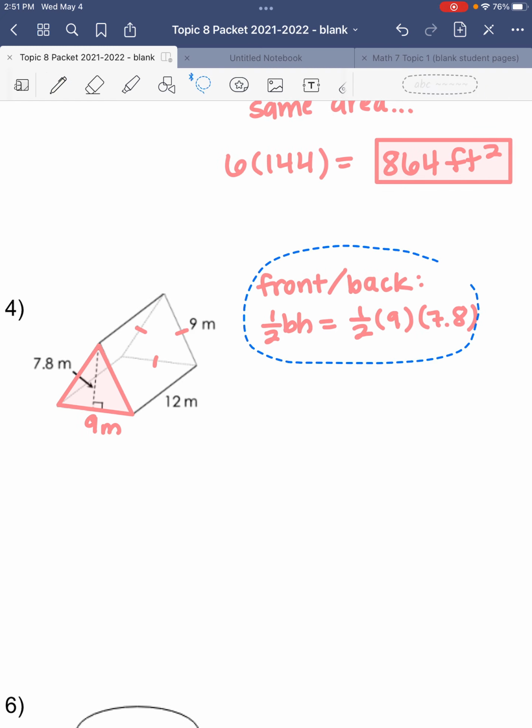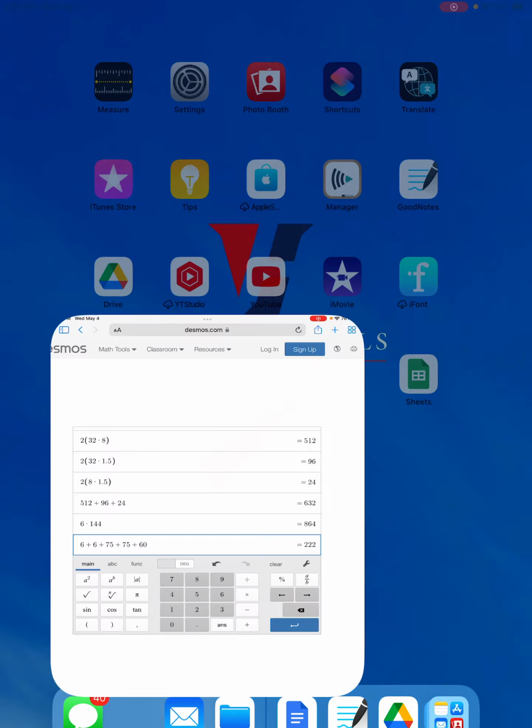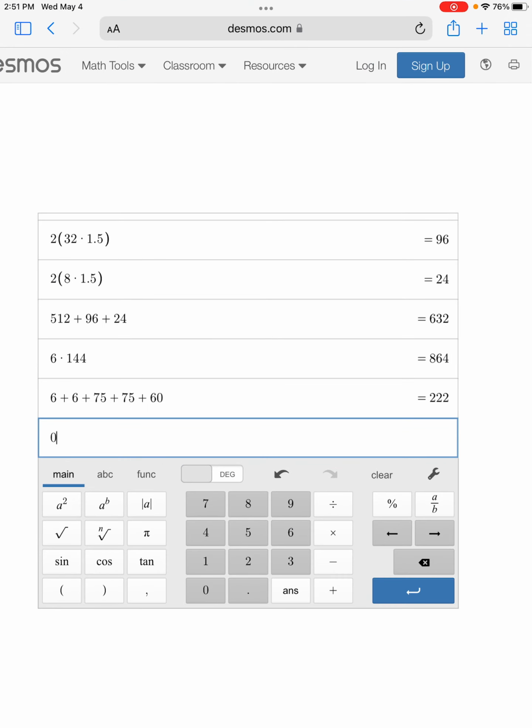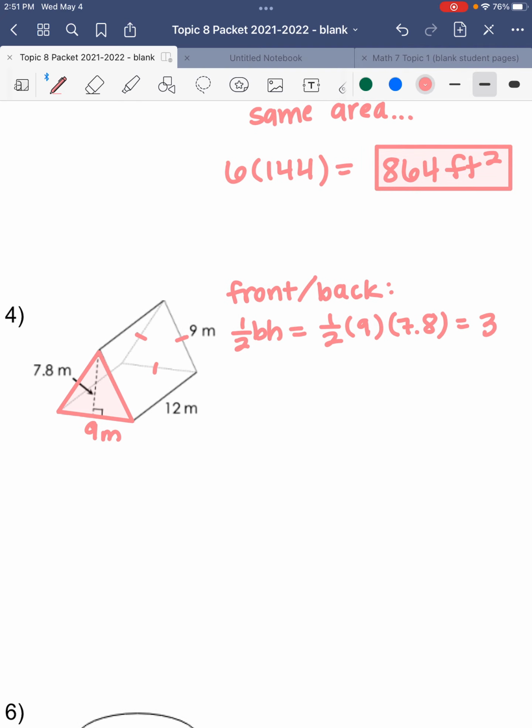So we have 0.5 for 1/2 times 9 times 7.8. And I get 35.1.